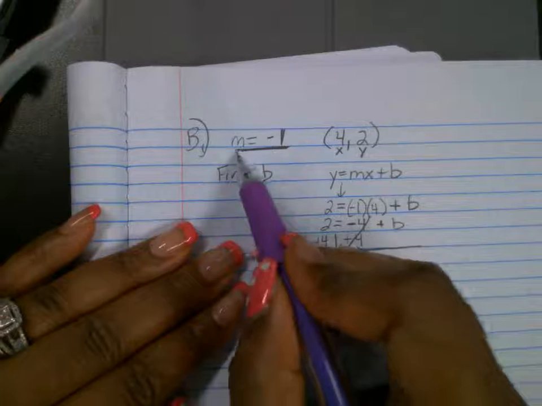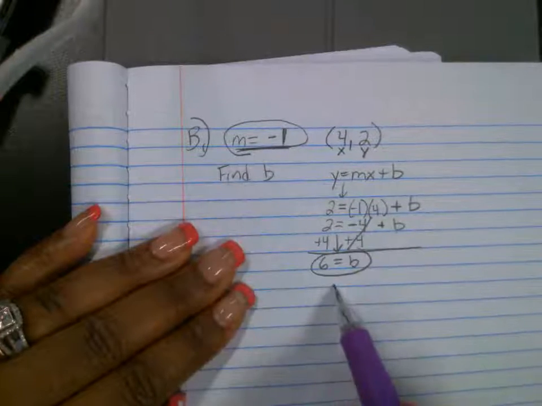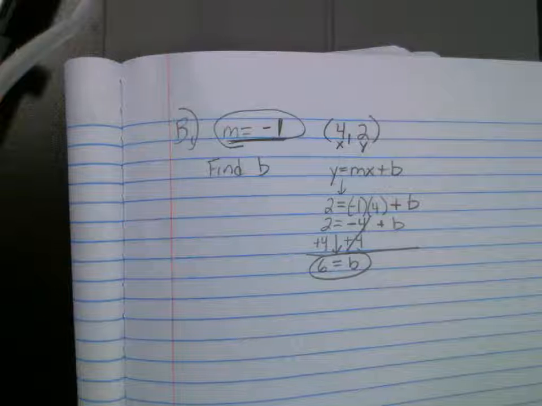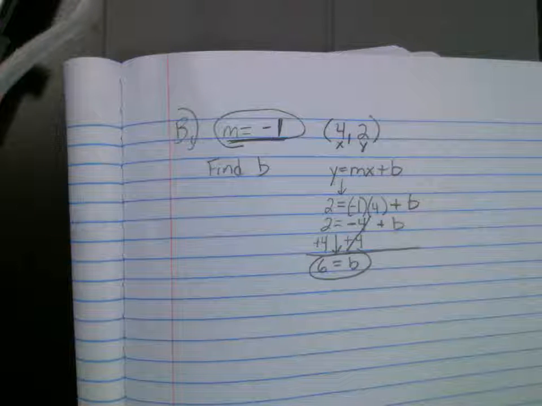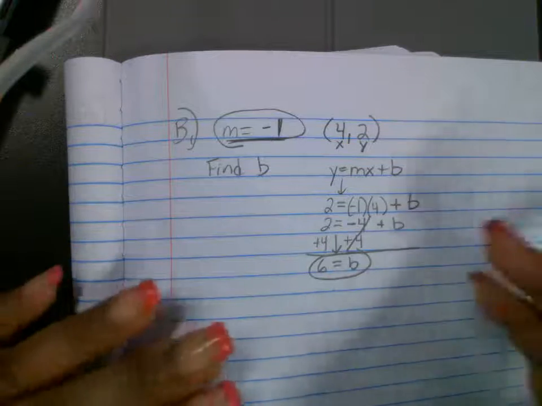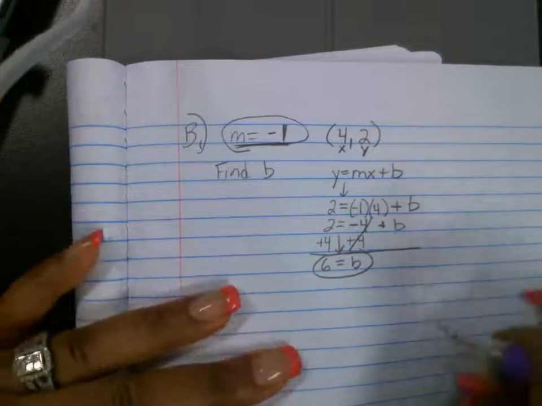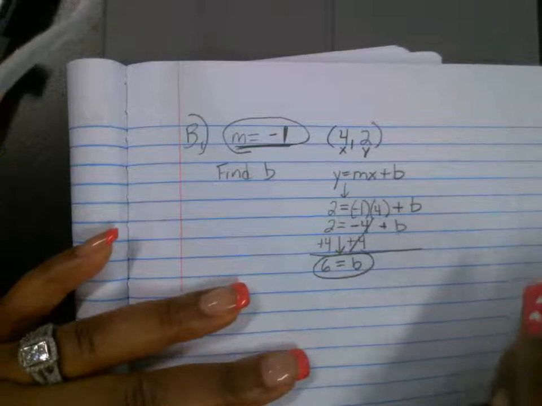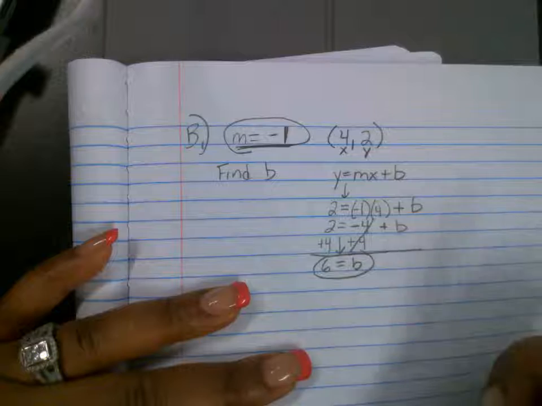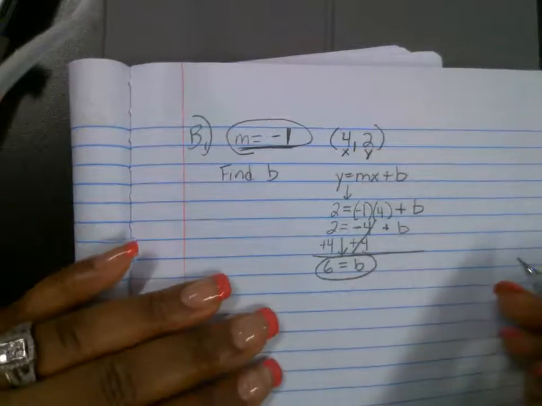I have m. M was given, and now I found b. So how do I take both of those values and write it as a linear equation? Same thing as in the warm-up. You just put it in slope-intercept form. What is slope-intercept form?